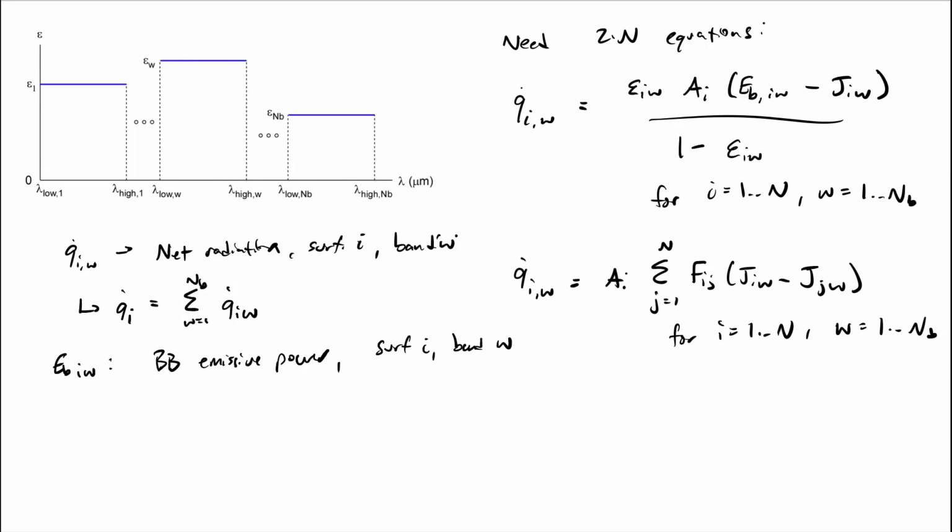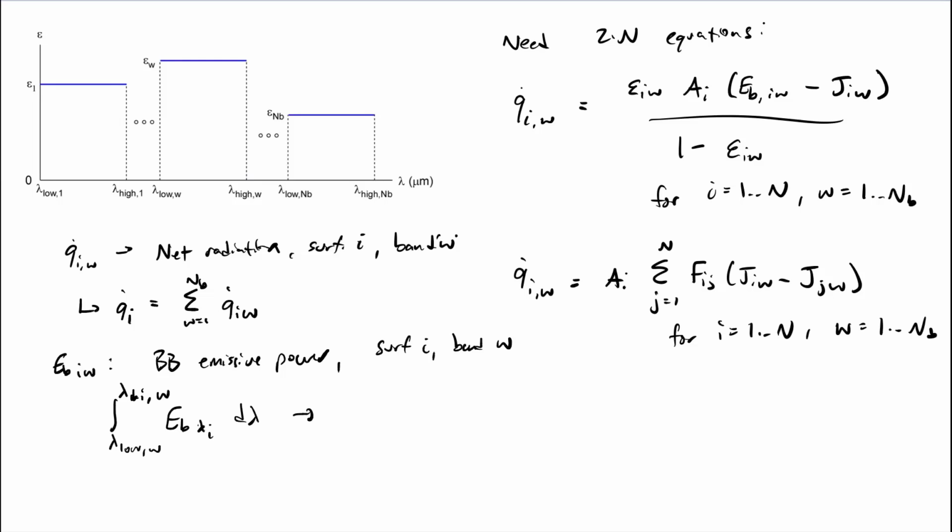So black body emissive power in a particular band would actually be evaluated as the integral from lambda low for band W to lambda high for band W of Planck's law, E B lambda I. E lambda, right? So I can integrate the black body emissive curve from lambda low to lambda high and get my black body emissive power in that region, right? Maybe obvious, but this is actually equivalent to the external fractional function times sigma T to the fourth in this region, right?